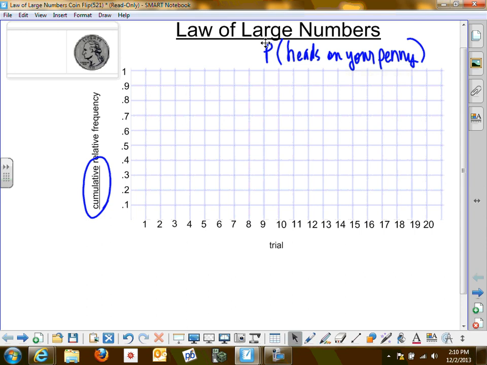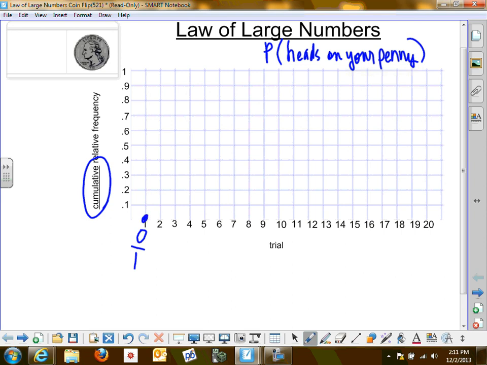Look at the top chart and see if you can tell what I got on my first flip of the coin. You can tell based on the cumulative frequency: how many heads did I get out of one trial? I got 0 heads out of one trial, so therefore I had gotten a tails.